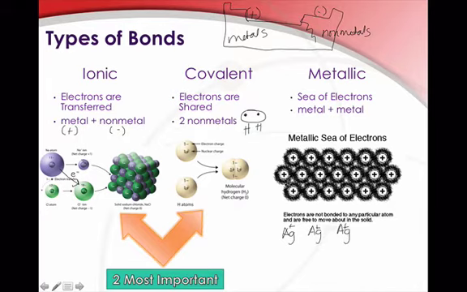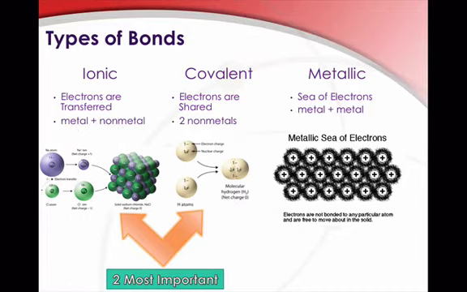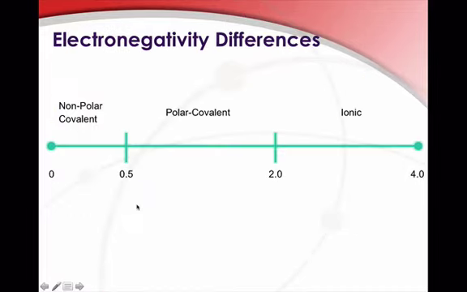And with metals, their electrons are free to roam around. So the electrons from each atom roam around and they're shared amongst everything here. This is one of the reasons why metals are so conductive, because they have this sea of electrons that allows electricity to travel so easily through them. We are going to focus on the ionic and the covalent aspect, though, of bonding.